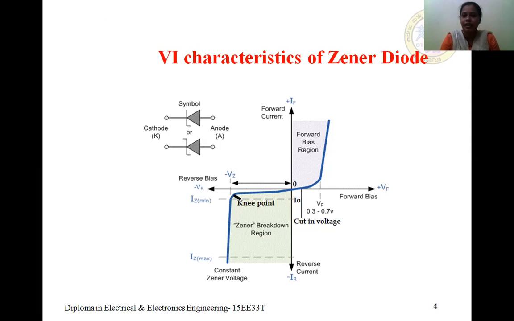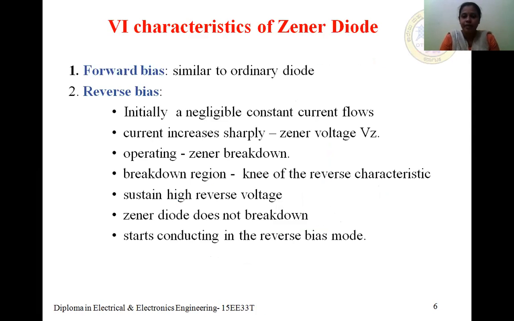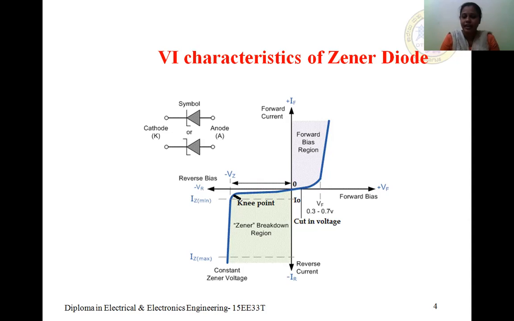From this we can observe that in the forward biased condition it is similar to a normal diode. In case of a reverse biased condition, initially a negligible current flows here. You can see in this graph a small, negligible current is flowing initially.